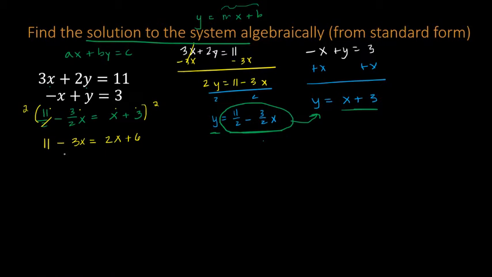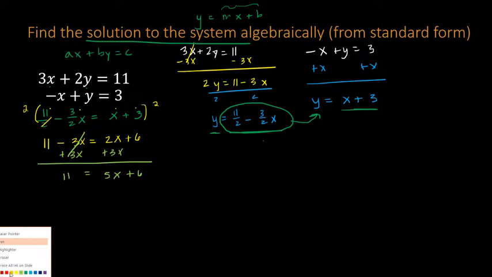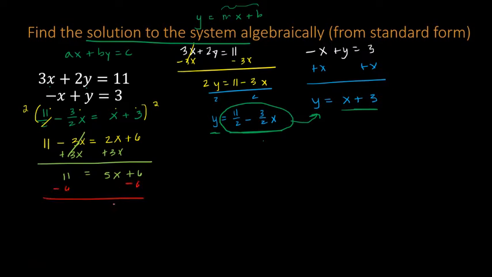Let's move 3x to the other side. So I'll add 3x to both sides of my equation. I get 11 equals 5x plus 6. I will move 6 to the other side of my equation now, so I'll subtract 6 from both sides. And I get 11 minus 6 is 5 equals 5x. So x equals 1. So there's the first part of my solution, x equals 1.